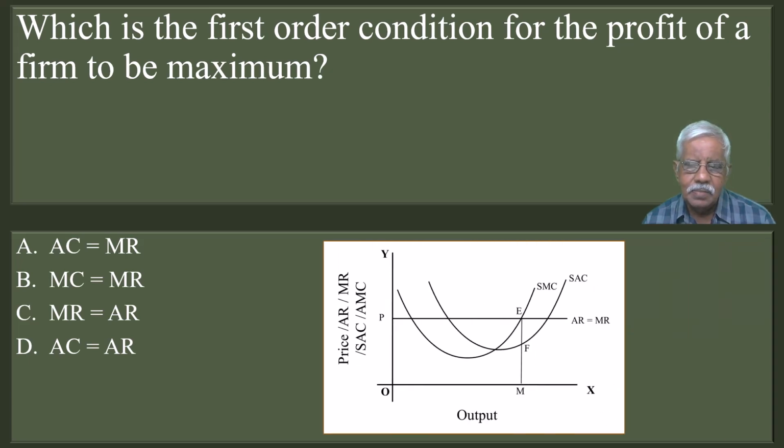Just bring to your memory the equilibrium of a firm graph operating under perfect competition. E is the point of equilibrium where marginal cost is equal to marginal revenue. That is the first order condition. Option B is correct. Marginal cost equal to marginal revenue.